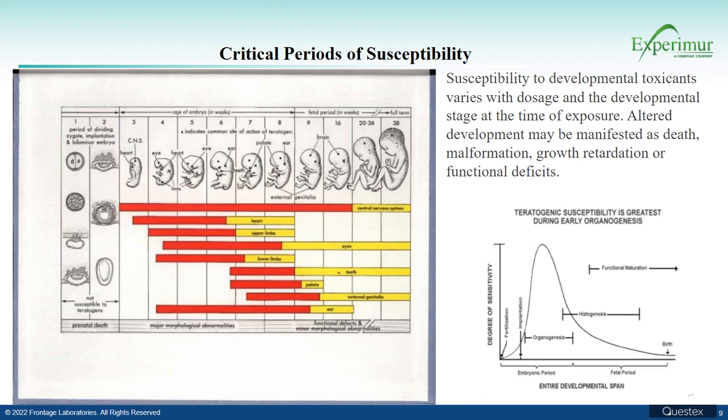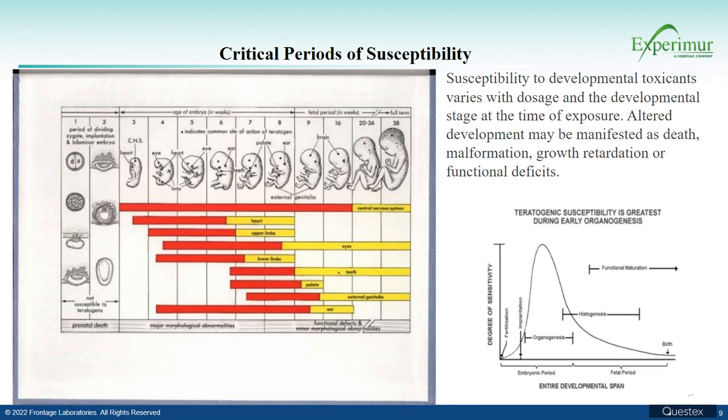of susceptibility. Now, the idea of these critical periods or critical windows has been around for a while, since probably the late 1800s. And the idea is that there are windows in which different organs and different aspects of development may be affected depending on when exposure occurs.